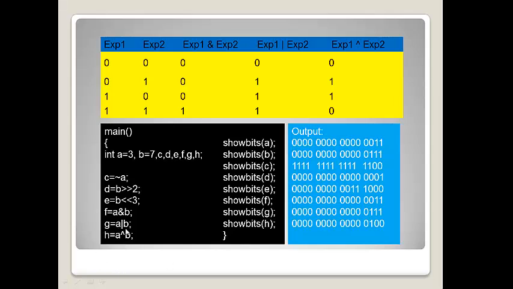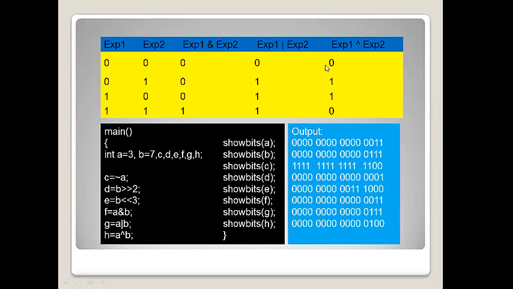Then g is equal to a bitwise OR b. The value of a is 3, and its equivalent binary form is this one. The value of b is 7, and its equivalent binary form is this value. Here we refer to this table for a OR b.